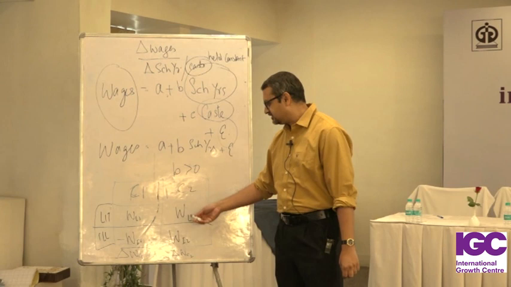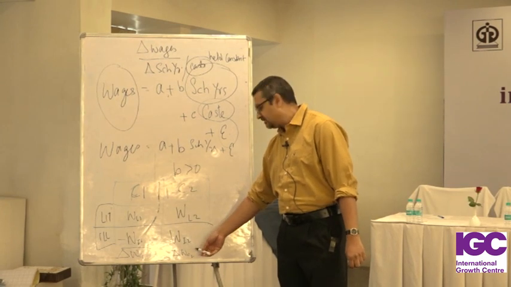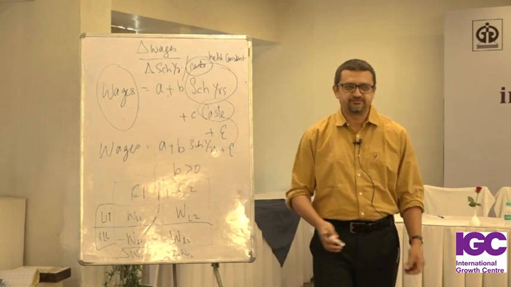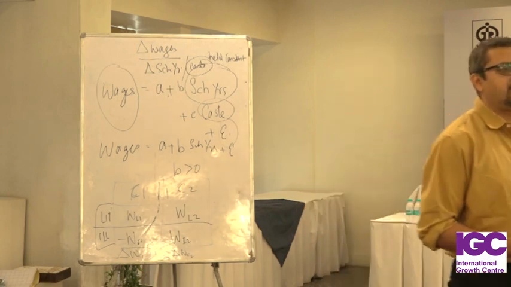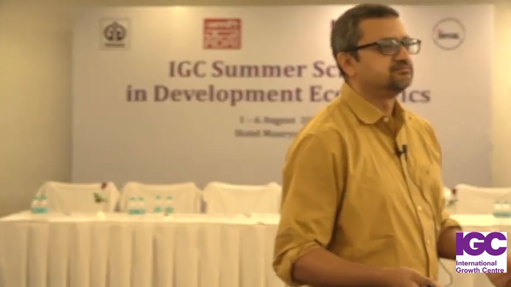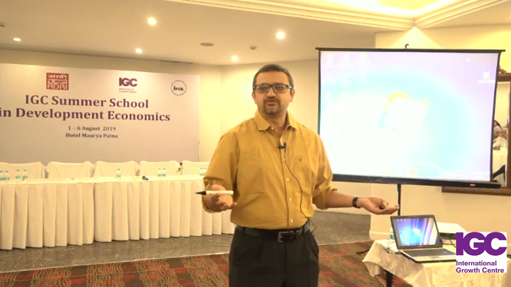For caste 2, the difference between literate and illiterate, let me call it W C2, difference delta. And so for the population, what's the impact of being literate? For caste 1 it is the delta for C1, for caste 2 the delta for C2. So then if you average those two, you will find the impact of being literate.